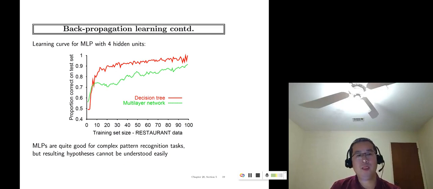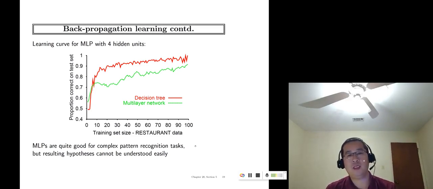So multi-layer perceptrons are quite good for complex pattern recognition tasks, because they can represent nonlinear functions. That's why they demonstrate their power or capacity in dealing with complicated problems. For simple problems, maybe it doesn't show much difference.